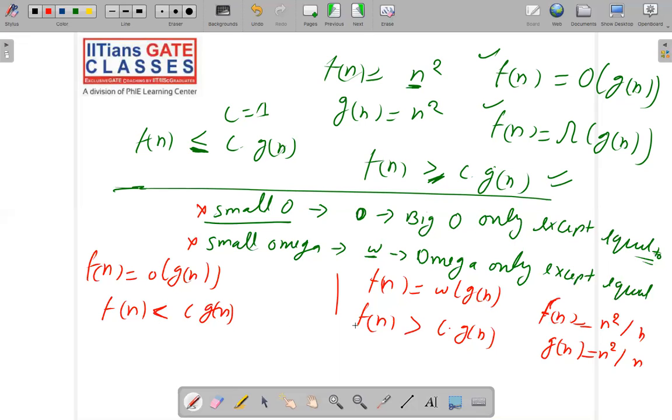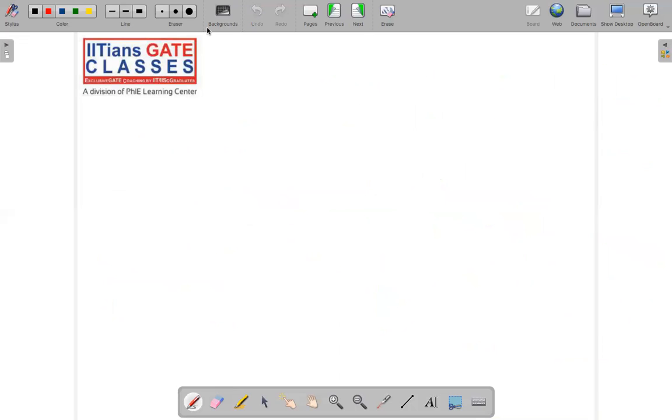It's strictly less or strictly greater. Okay. So these two are small o and small omega notation. Now, what is theta notation? The last one is theta notation.